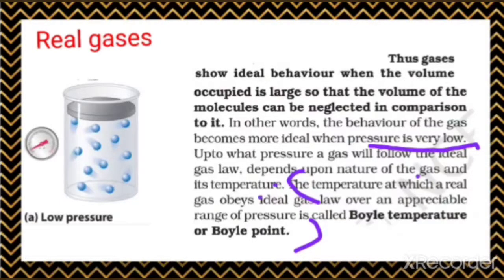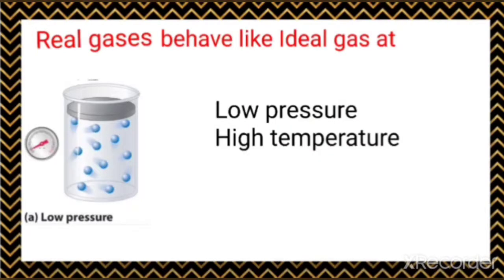So the temperature at which a particular gas shows ideal behavior over an appreciable range of pressure is called the Boyle temperature. It's an important definition. From this it is clear that real gases behave like an ideal gas at low pressure and at high temperature.